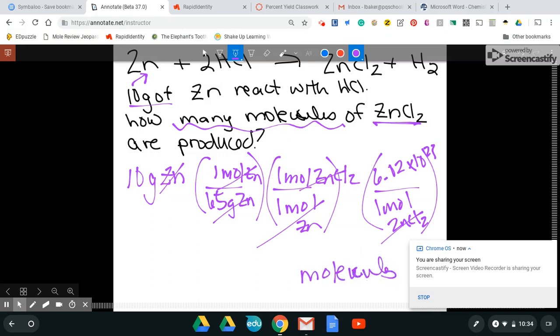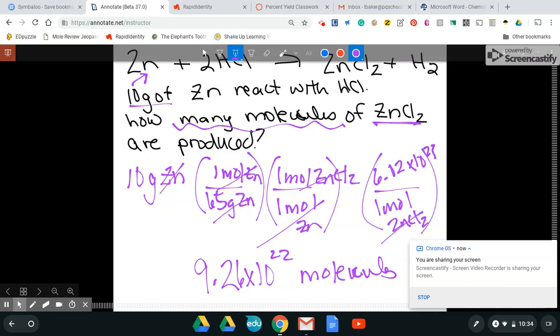When you multiply all this out, you should get 9.26 times 10 to the 15th. Make sure I've got that right. Oh, no. Sorry. I wrote down the wrong thing. You should get 9.26 times 10 to the 22nd.